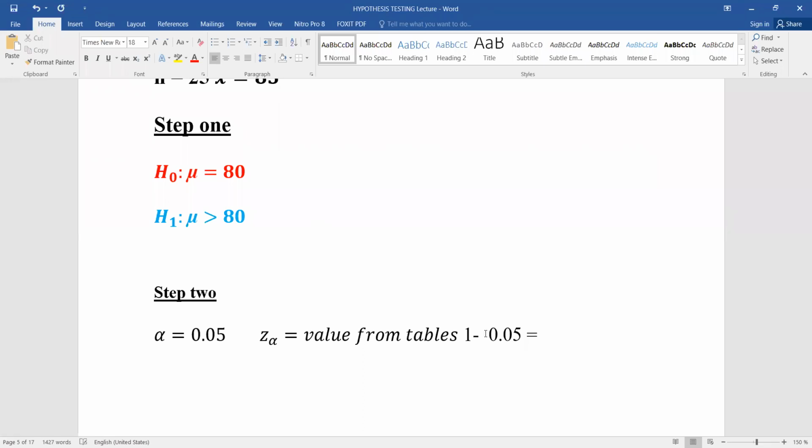What answer do you get? You have 0.95. So I'll stop, then go to the tables.